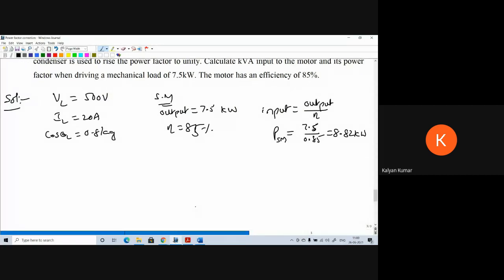Now, at the load, the kVAR of the load formula is root 3 VL IL sin theta L. If cos theta L is 0.8, what is sin theta L? Cos theta 0.8 gives sin theta 0.6.